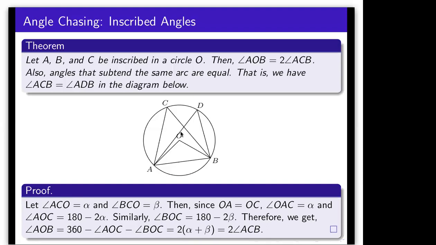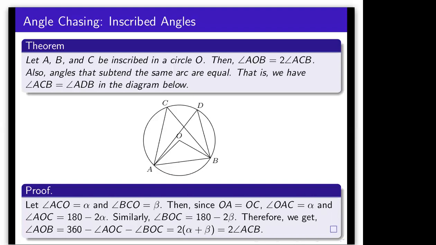Similarly, if angle BCO is beta, then angle OBC is also beta because OB equals OC. So angle BOC is 180 minus 2 beta because, again, the sum of the angles in a triangle is 180. Now at this point O, all three of these angles, AOC, BOC, and AOB, add up to 360.